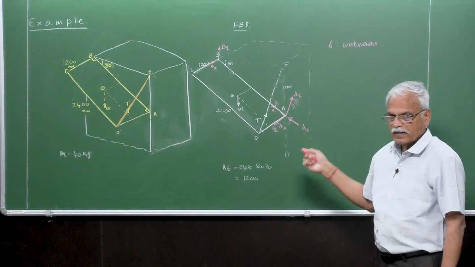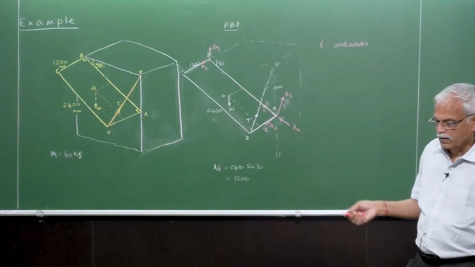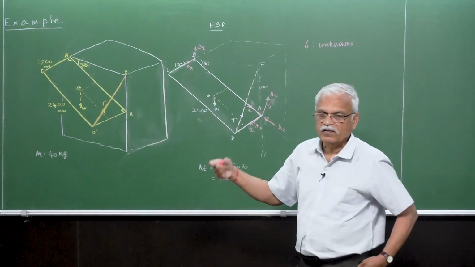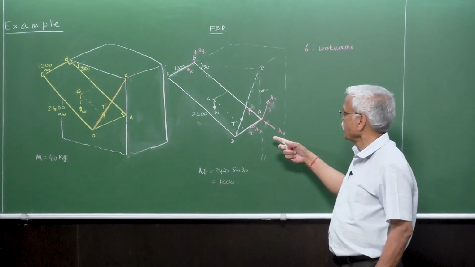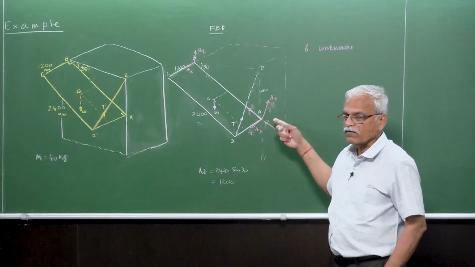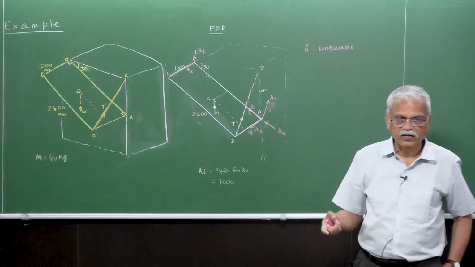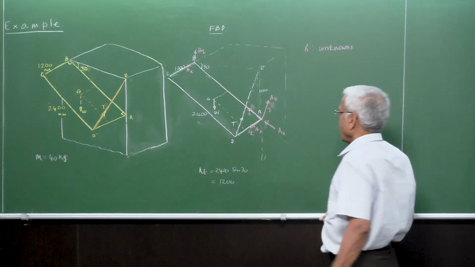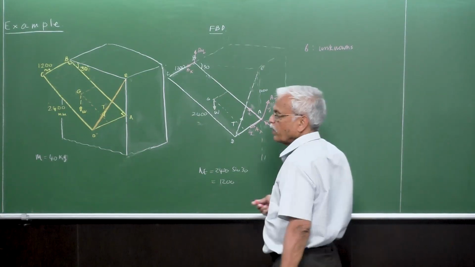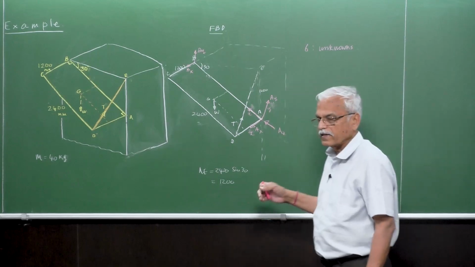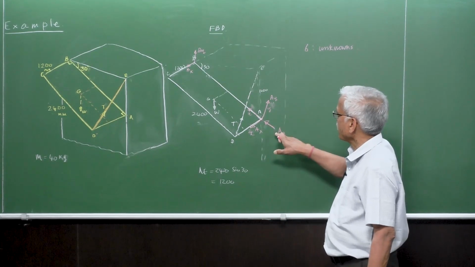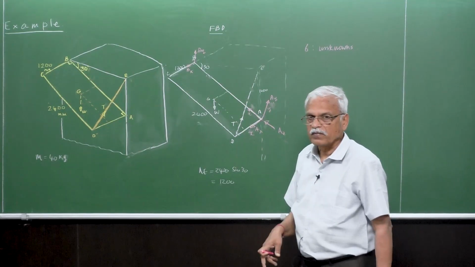Anything more than that, if you introduce that bz, we'll have to put a constraint. Constraint in the sense that it is half of az, or it is completely constrained, or az is 0, only bz is there, and those kind of things. So without going into all those unnecessary constraints, we just show ax, ay, az, and bx and by.